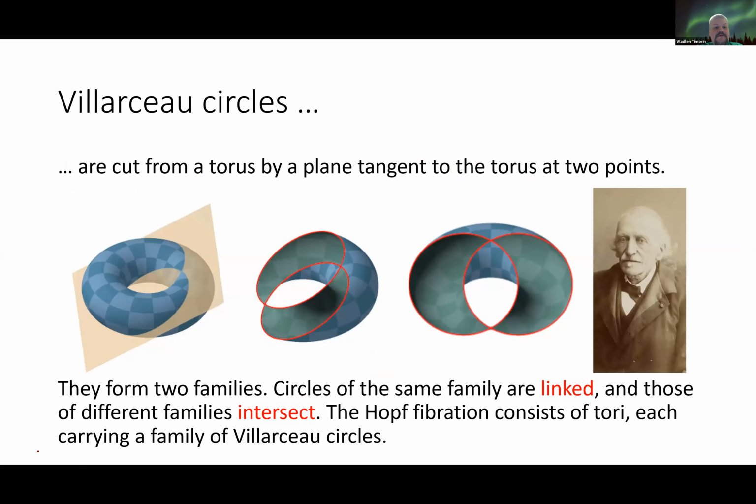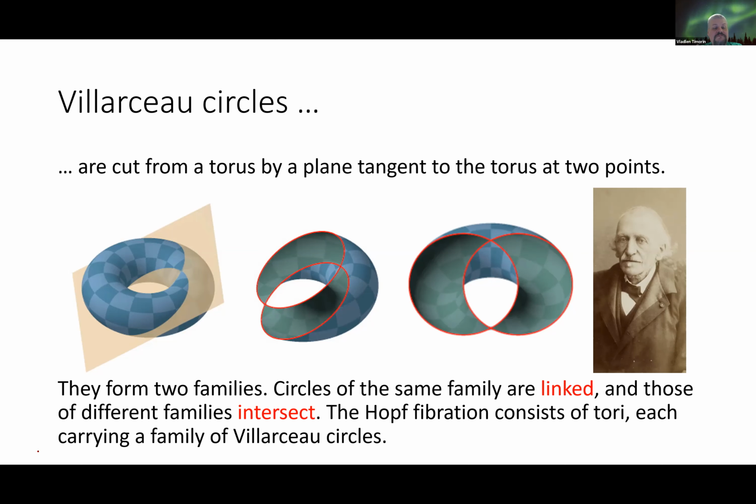Okay. So let me now explain how we get these circles. Given a torus, we can construct several families of circles on the torus. One interesting way of drawing circles on the surface of a torus is due to Villarceau, a French mathematician and engineer.